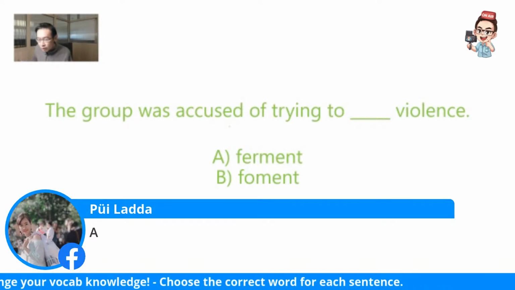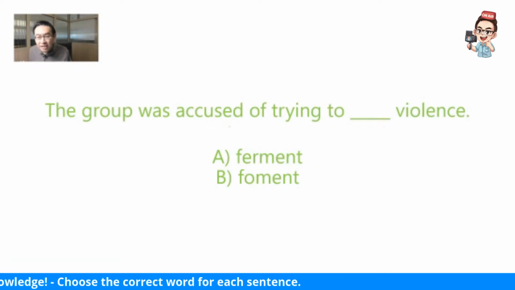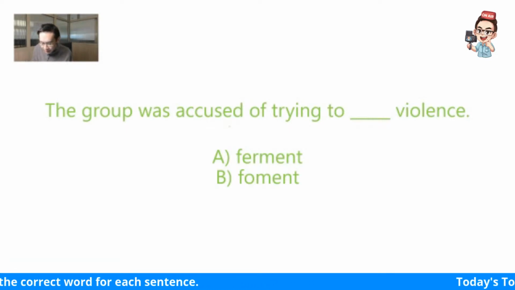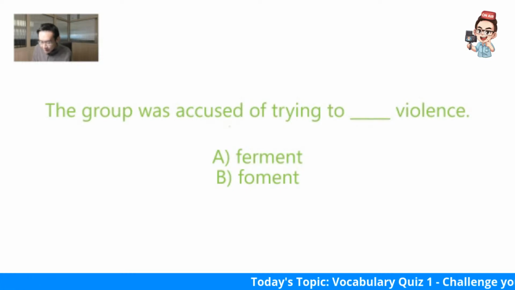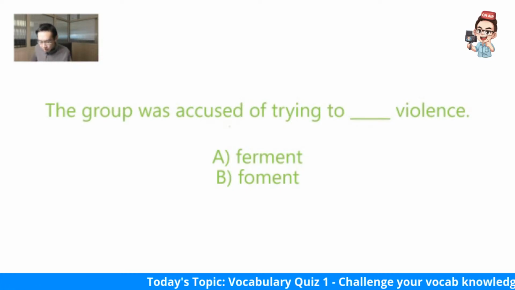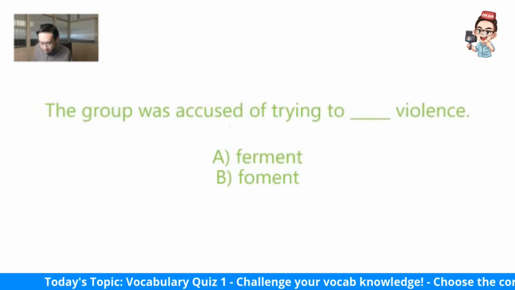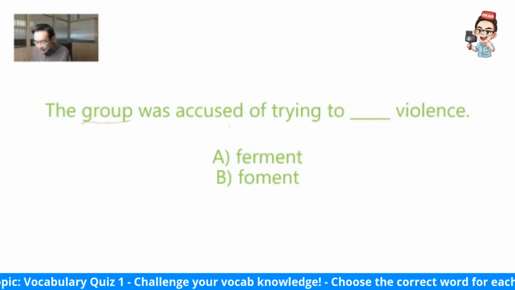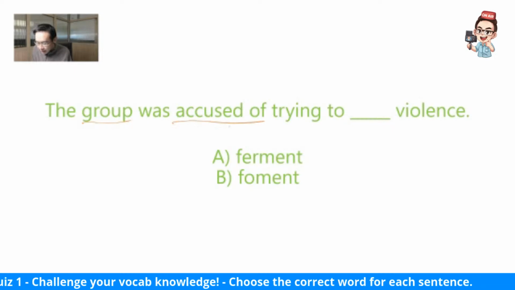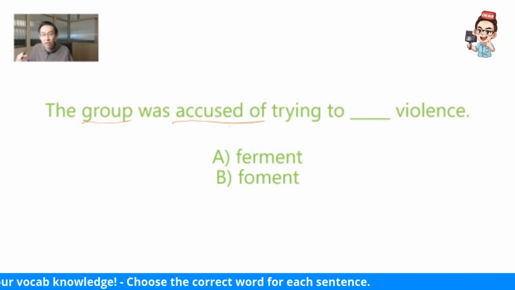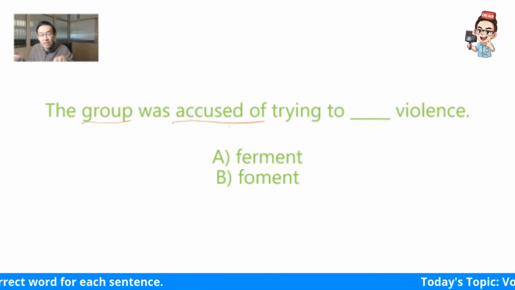But before we show the answer, let's look at the meaning first. So it's talking about the group, maybe a group of people. In this case, the group was accused. If someone is accused, another group or another person said that this first person did something wrong.